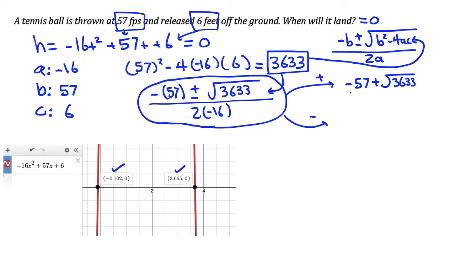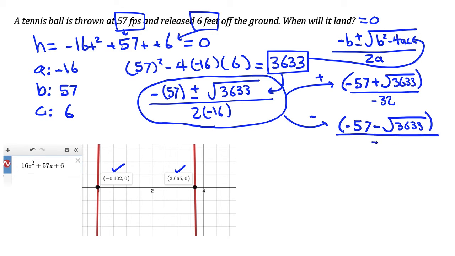Now remember, when you divide by 2 times negative 16, you get a negative 32. When you do this big division, make sure you put grouping symbols around there so you don't do the division incorrectly. So there's going to be one of our answers. For another one of our answers, we just copy and paste the exact same values, but we put a minus in front of the radical sign, like so, close it off with a bracket, and then divide by a negative 32.